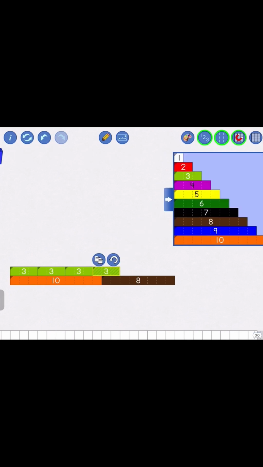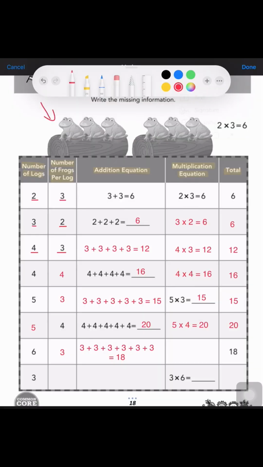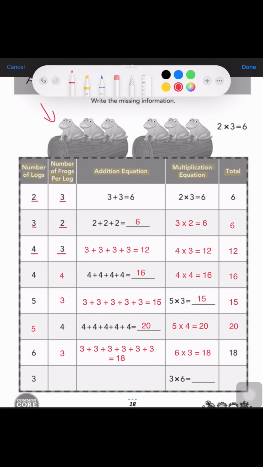So suppose there are 3 frogs on each log. So 3 plus 3 plus 3 plus 3 plus 3. Oh, it equals 18. So there are 3 frogs per log because 6 times 3 equals 18. For the last question, kids, please try to finish by yourself at home.